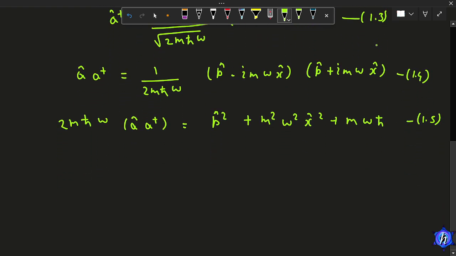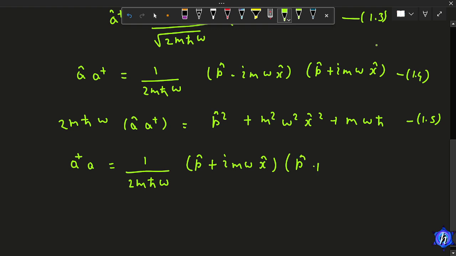Okay, so now we'll do the same thing, but we'll calculate a dagger a. Here we calculated a a dagger, now we'll do a dagger a. This will give us an identical result, but just the sign will change. So let me write it fully: 1 upon 2m h cross omega, p cap minus i m omega x cap, p cap plus i m omega x cap.